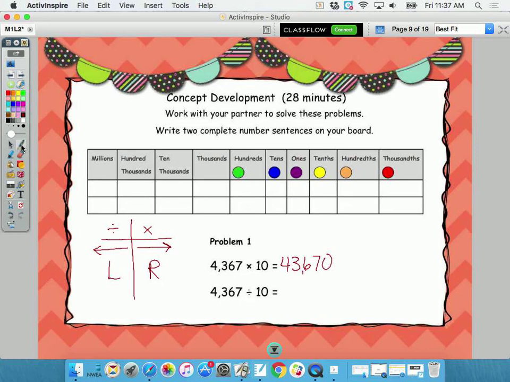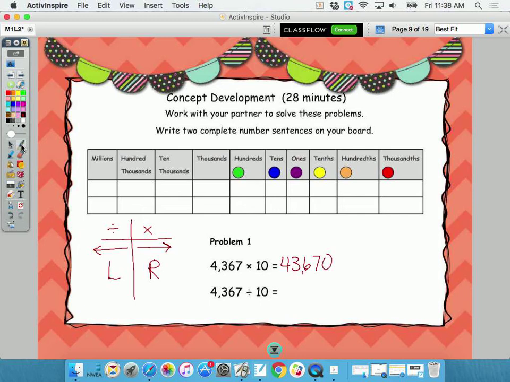I'm kind of glad she said it like that. 43,670. Because that kind of sounds like I need a decimal. So I'm glad you did that, Yaneli. The kids in block 1 and block 2 also did that. So, I want to make sure I say 43,670.